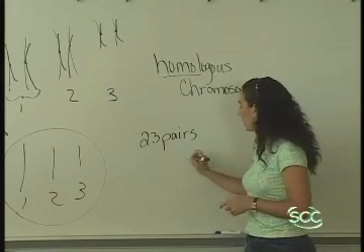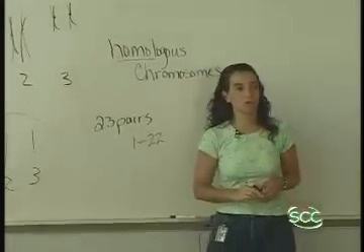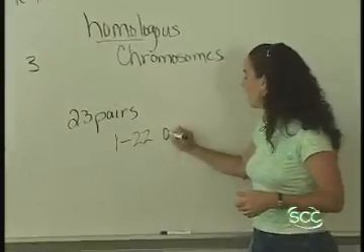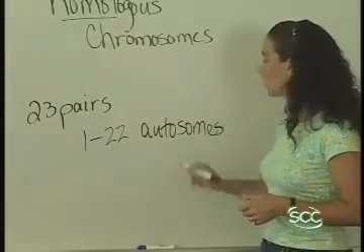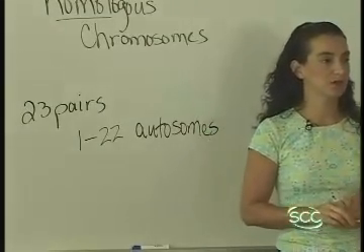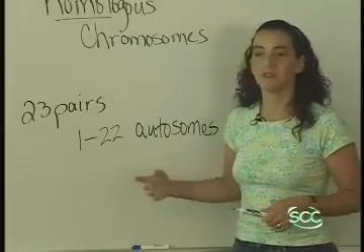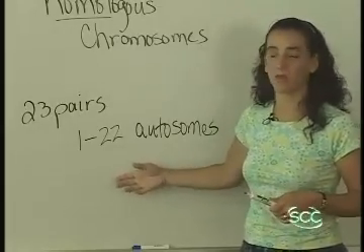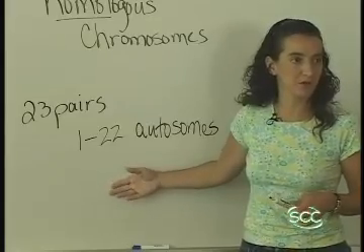Out of those 23 pairs, chromosomes number 1 through 22 are actually known as autosomes, meaning they belong to self. They're self chromosomes. These are pretty much the same in every human being. We have 22 pairs of autosomes.